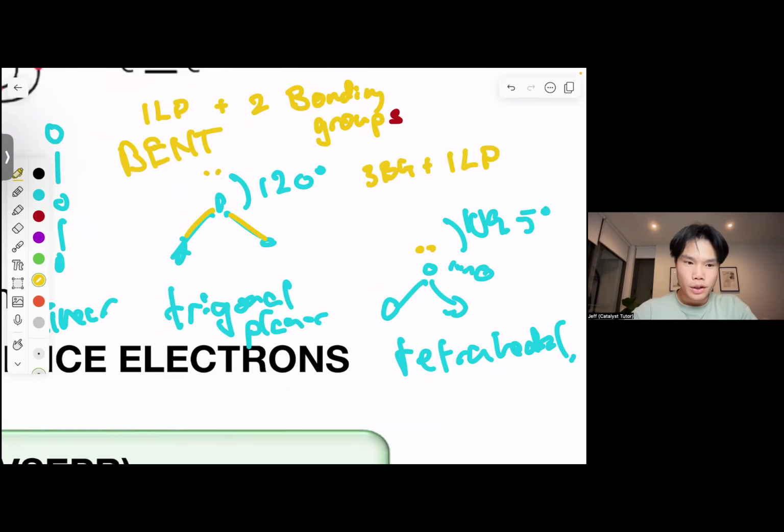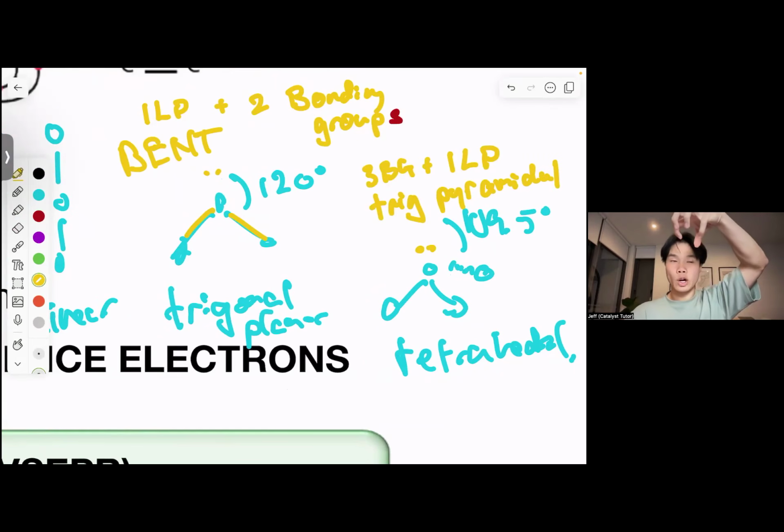It is a pyramid, trigonal pyramidal. If we replaced one of those bonding groups with a lone pair, because that top lone pair is still repelling the bottom three bonds all downwards. They'll make a little tripod shape at the bottom, which is your trig pyramidal.